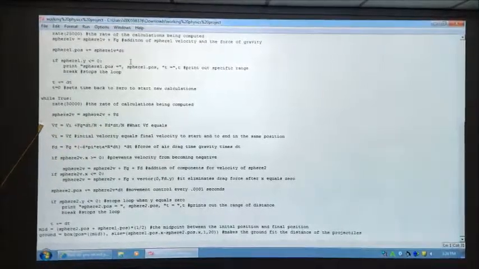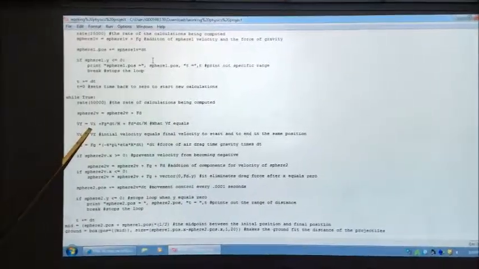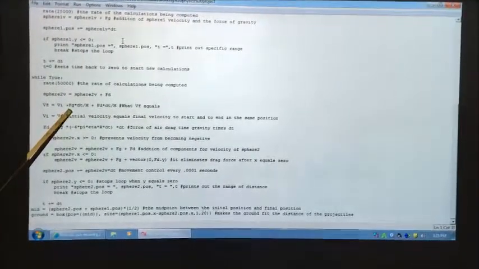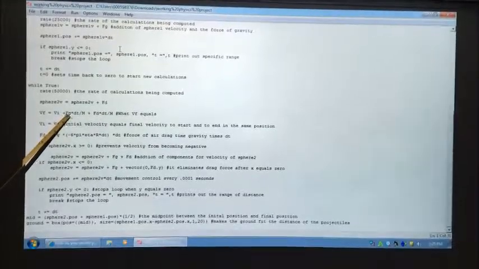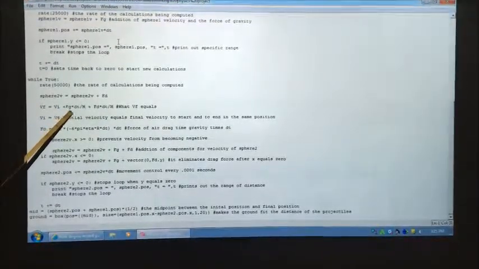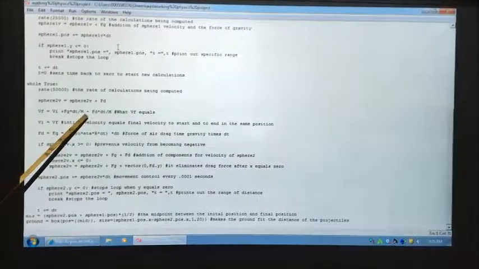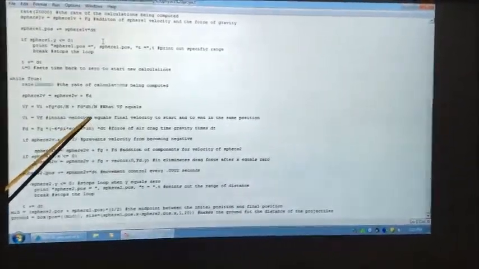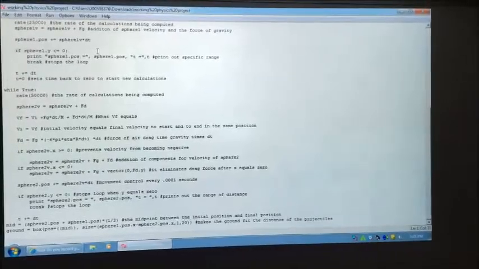For the final velocity, we have it equal to the initial velocity plus the force of gravity times change of time over mass plus the drag force, which is what v of f is equal to.